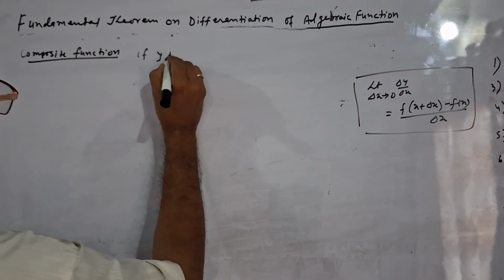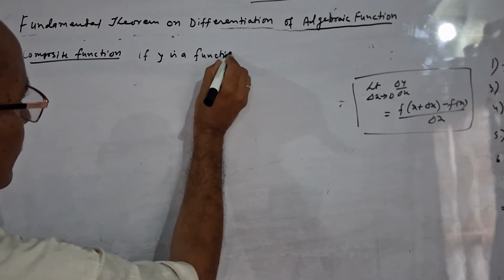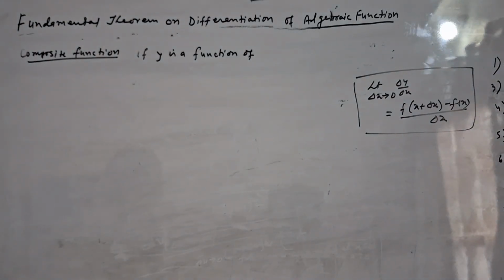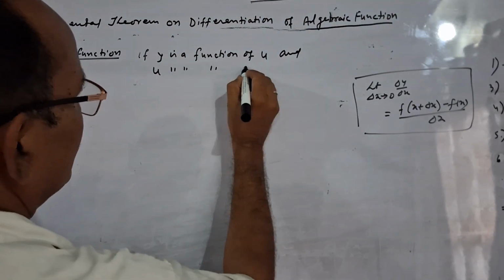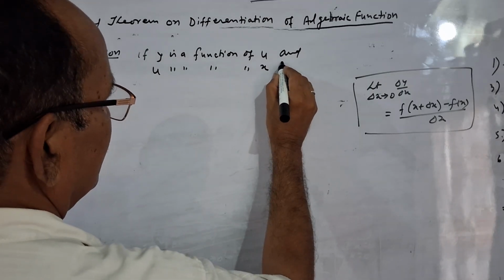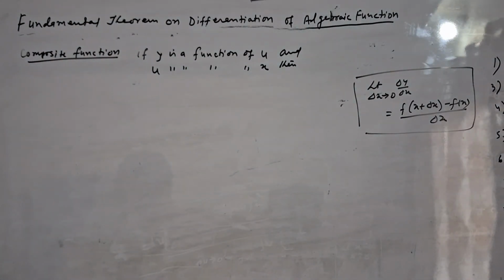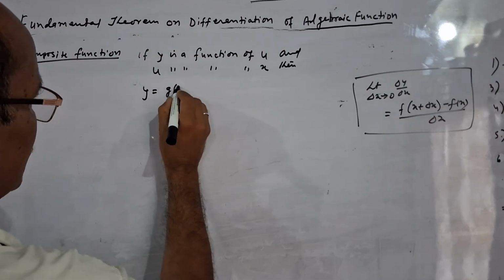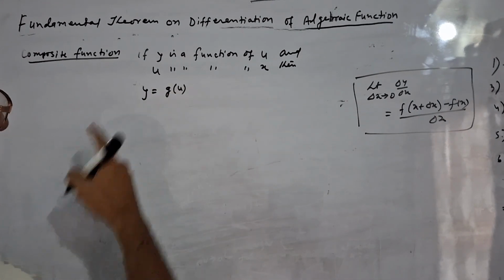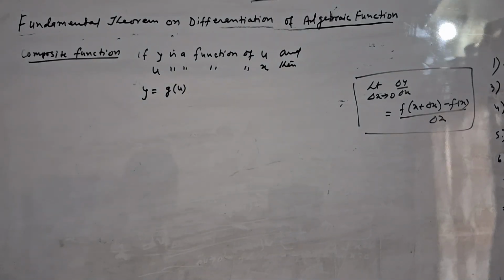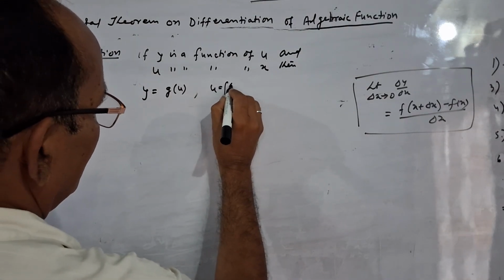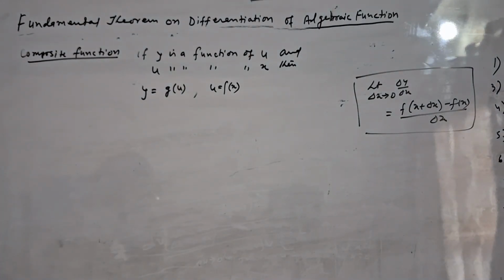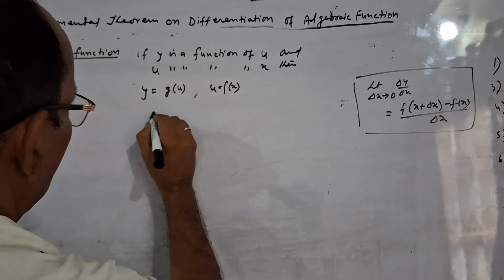If y is a function of u and u is a function of x, then we can write y equal to g(u), a function of u, and u is the function of x. Then we can write g into function of x.